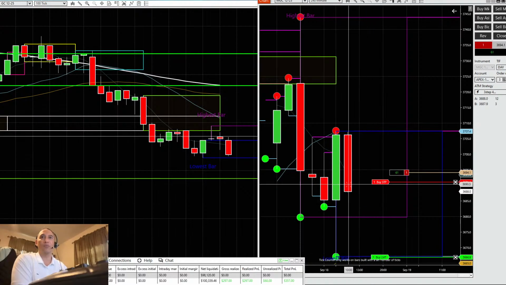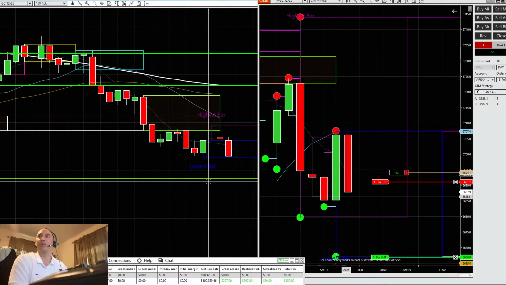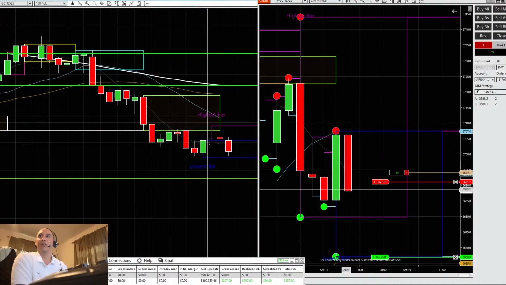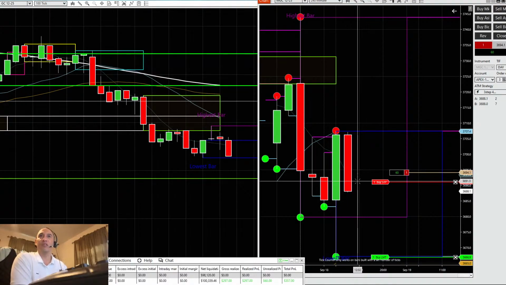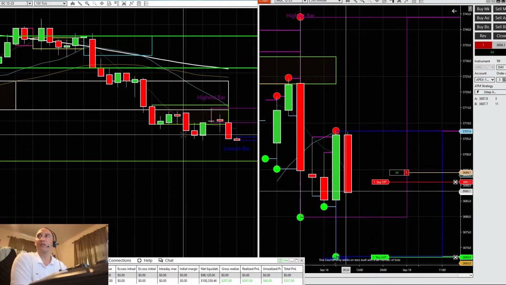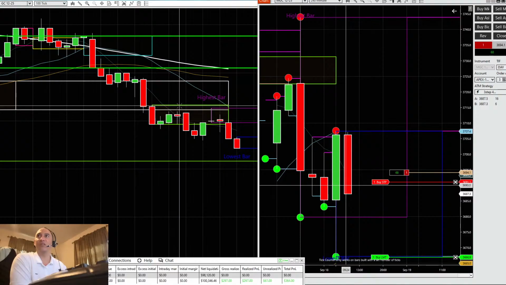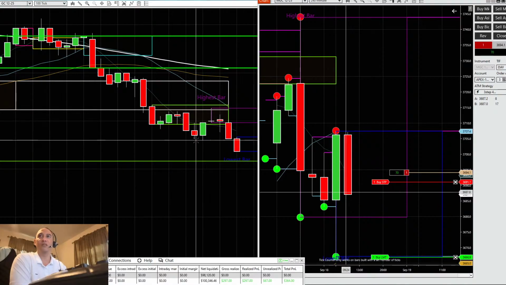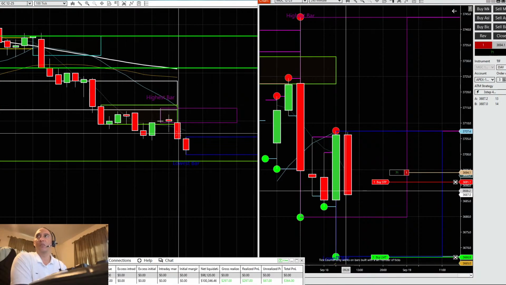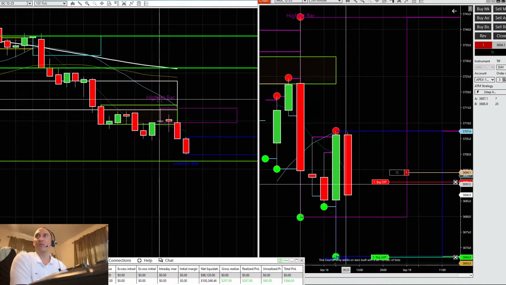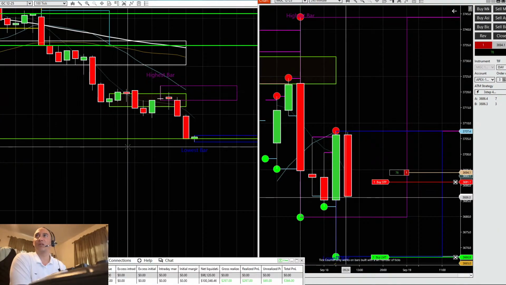So we can put our target down to the low of that move in case it's targeting that. And I have my stop currently behind this wick of this candle here, above this lime green box and above the purple box. So I'd have to go through several boxes just to get to me.